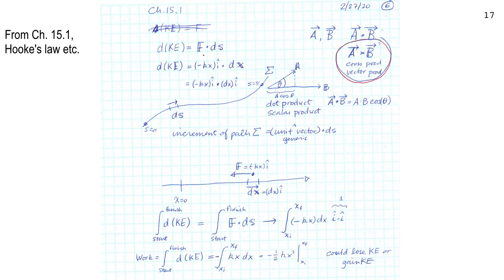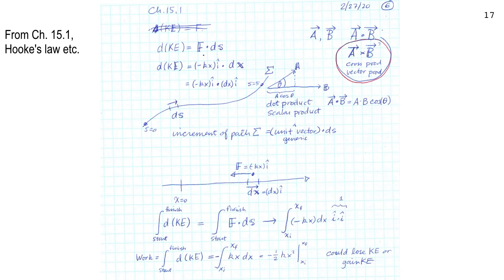Oh my goodness. That's an almost impossible integral to do. Have you ever noticed that? You think? What's the antiderivative of that integrand? The integral of minus kx dx is equal to what?